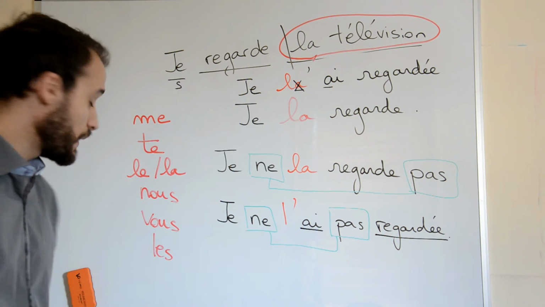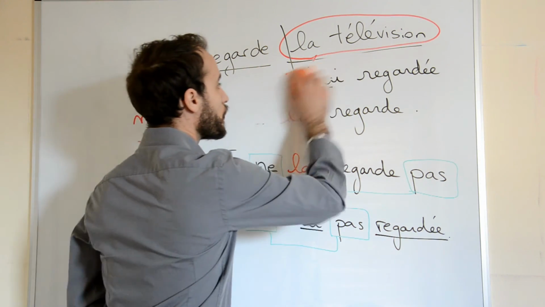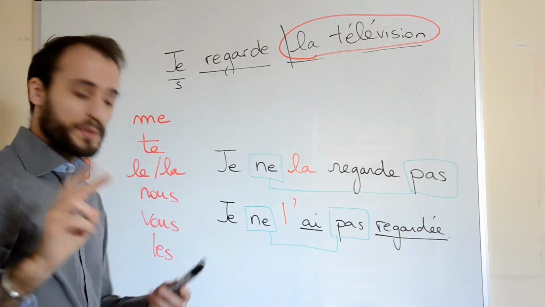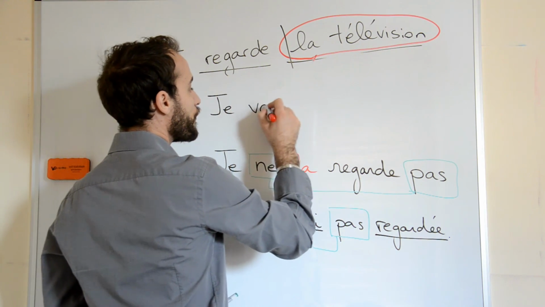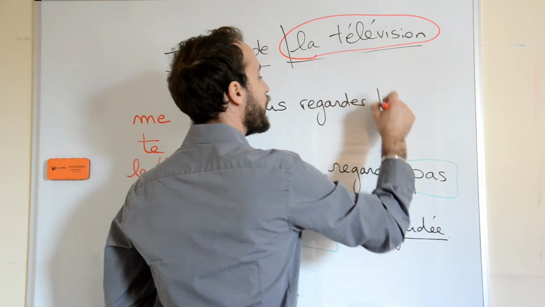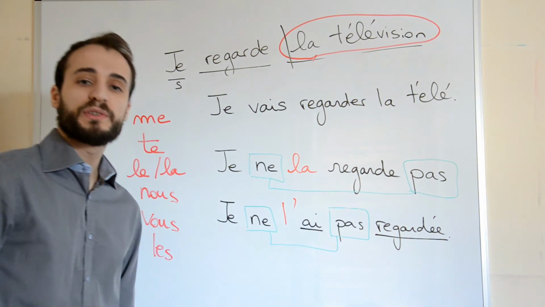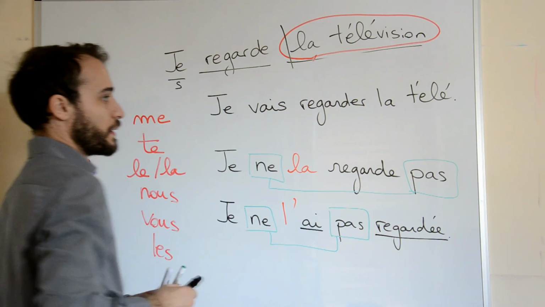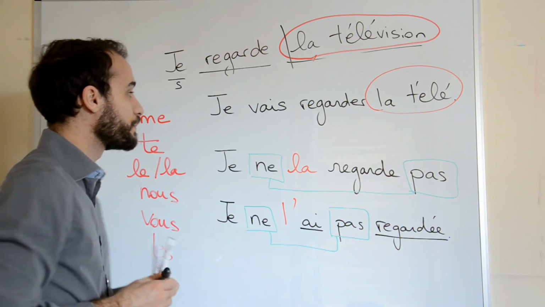Now the last thing, if you have two verbs such as je vais regarder la télé, I'm going to watch the TV, then when you are using a pronoun with this, you need to know where to put it.